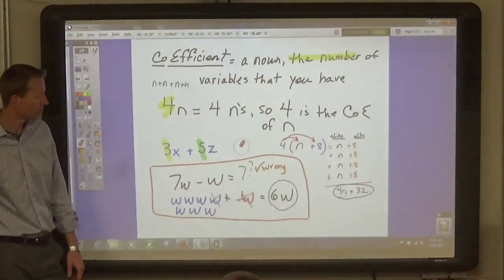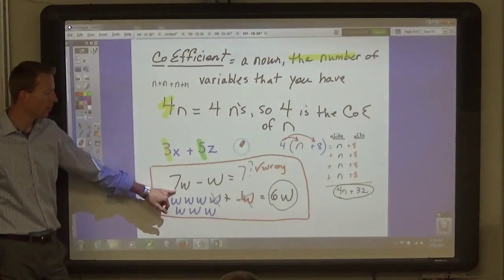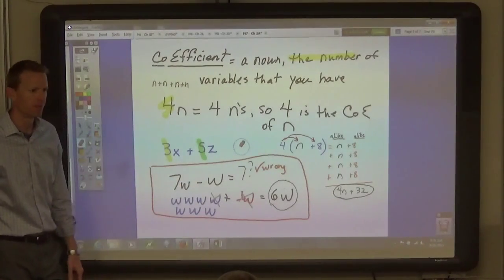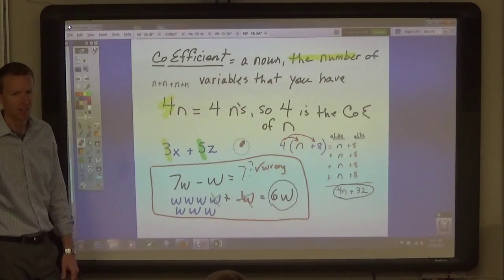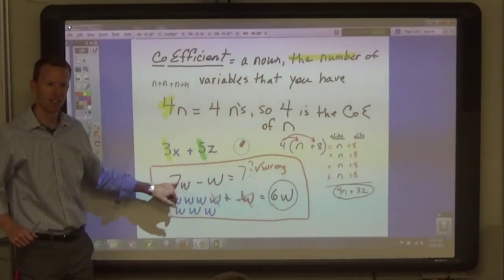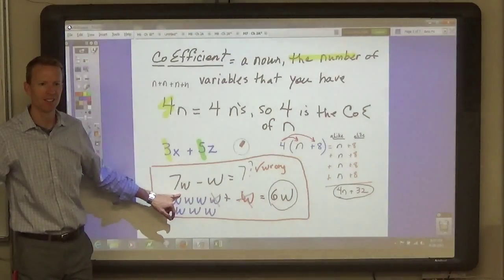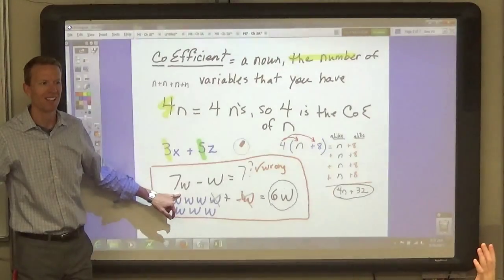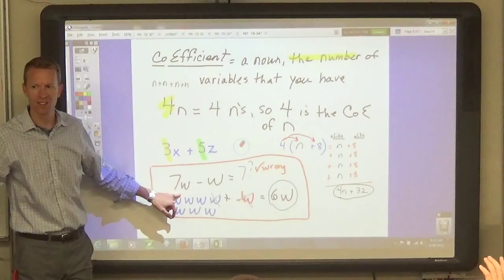Okay? Let's look at this example. 7w minus w. Does that equal 7? Are we subtracting the w from this? No. How many w's are there? Trin?